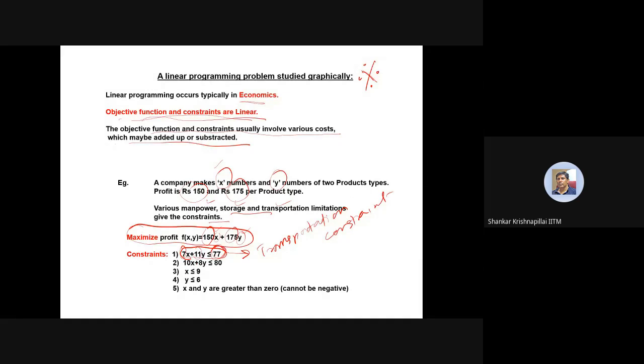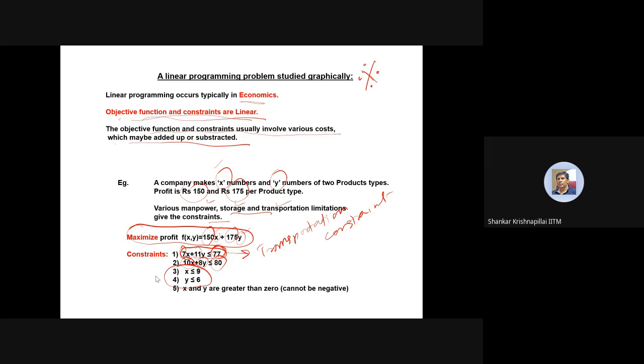And here, 10 rupees is the storage cost of one X item, 8 rupees is storage cost of one Y item. So total storage cost of all X items and Y items should not exceed 80. Then X should be less than or equal to 9, Y should be less than or equal to 6. Maybe some manufacturing constraints.